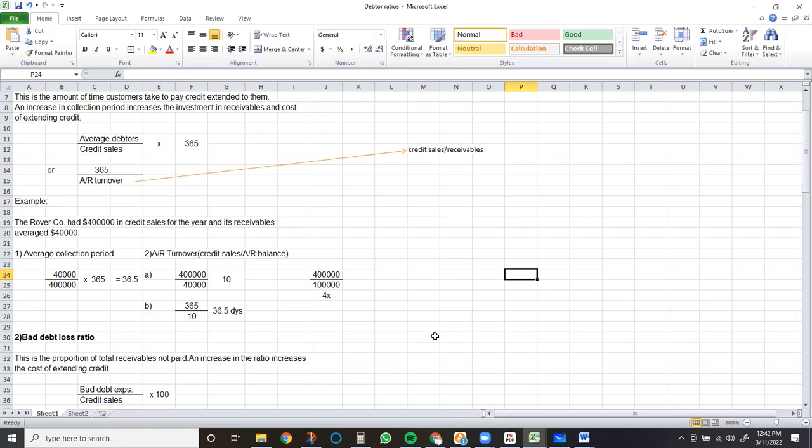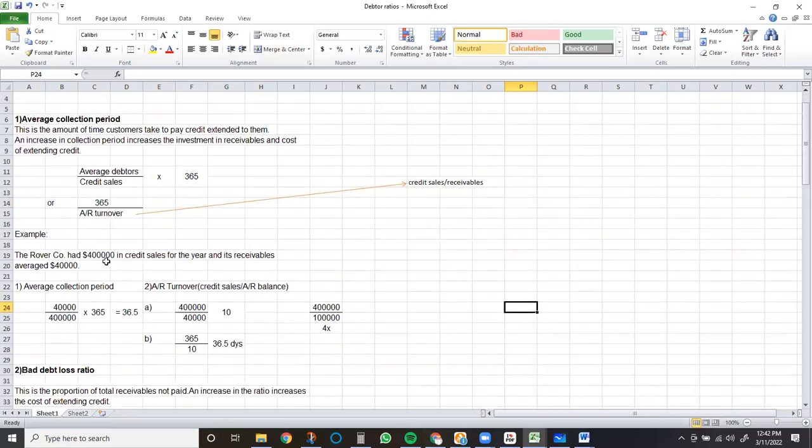Average collection period, and again, this is a formula we met before. 40 over 400,000 by 365. Now, what is the 400,000? That's this. And the 40,000 is the receivables, 36.5.